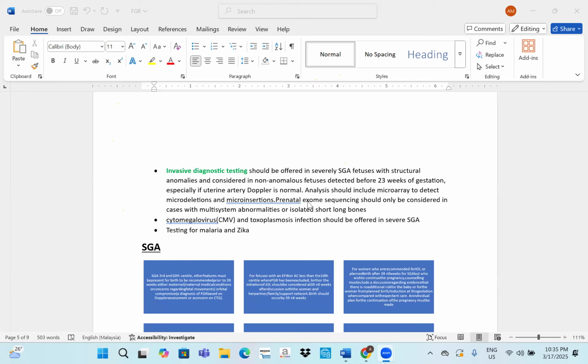And prenatal exome sequencing should only be considered in cases with multicystic abnormality or isolated long or short bones. This is the advanced one; genome sequencing is advanced as compared to the microarray. So they say if there is multi-system abnormality, then you should do prenatal exome sequencing. It will tell you about different abnormalities, the syndromes.